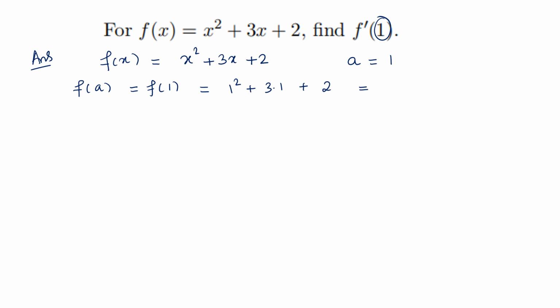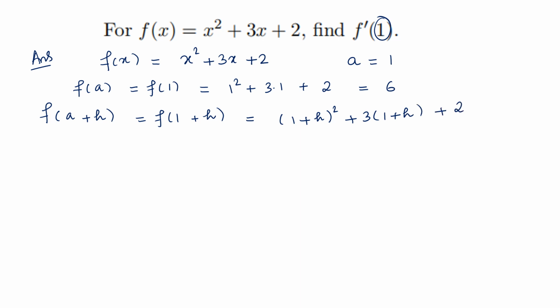equal to 6. Next we can find out f(a plus h), with a value 1, f(1 plus h) equal to, in f(x), x replaced by 1 plus h. So (1 plus h) square plus 3 times (1 plus h) plus 2.